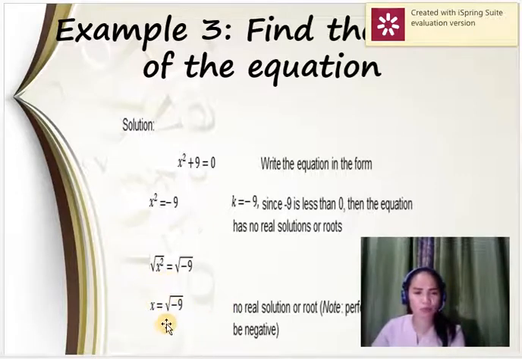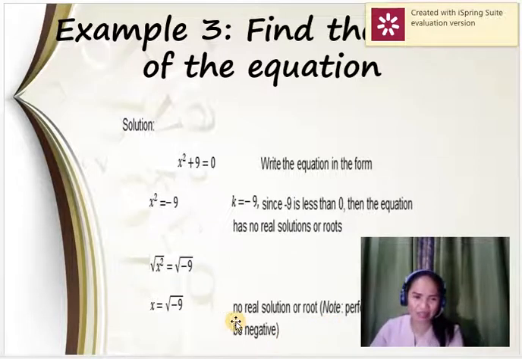Some students will answer this one as positive and negative because they don't mind the negative sign on the 9. Okay, remember this. Note, a perfect square cannot be negative. Therefore, this is not a perfect square, and it has no real roots or solution.